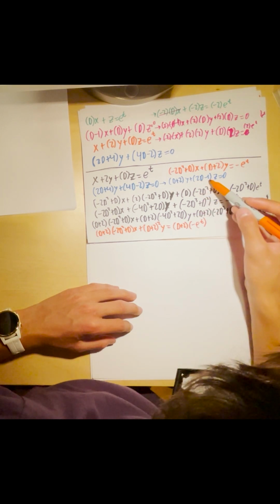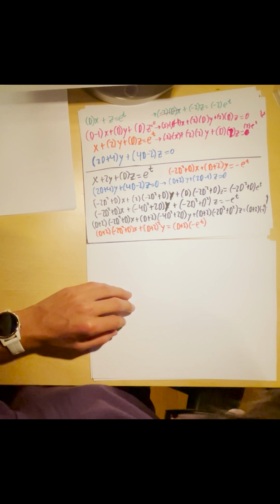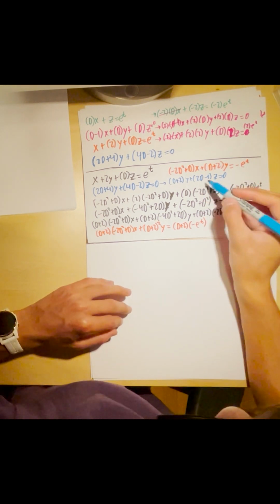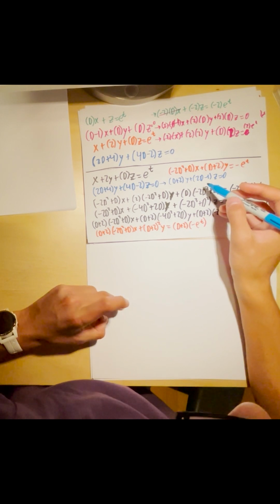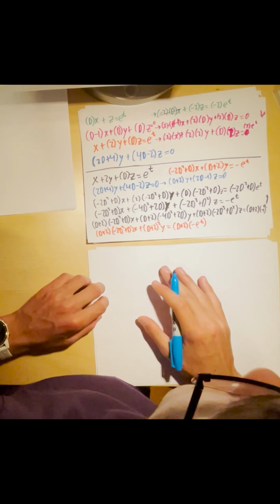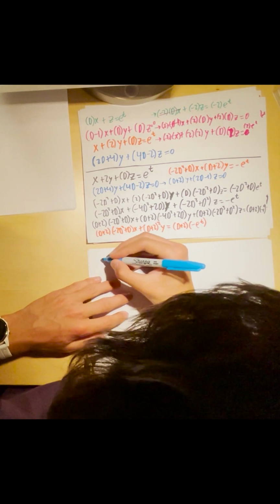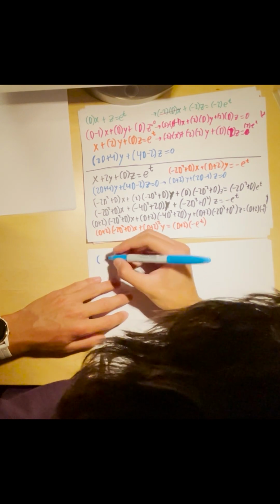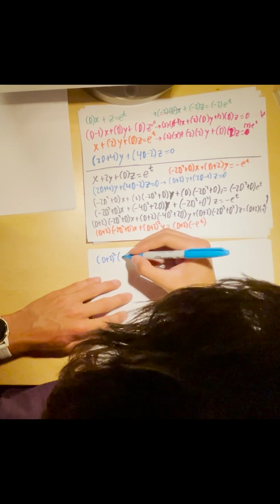There's already a 2d minus 1 in front of this z. So as far as that goes, we're going to need to multiply this blue equation through by negative d squared and also through by d plus 2. So when we do this, we get d plus 2 squared, because there's already a d plus 2.